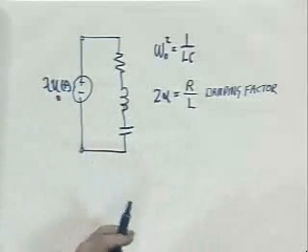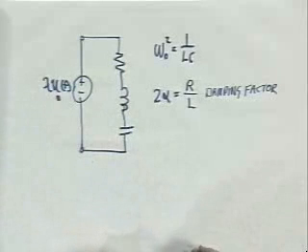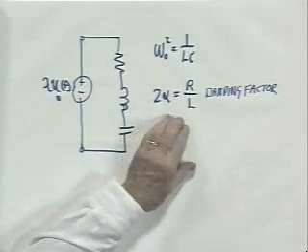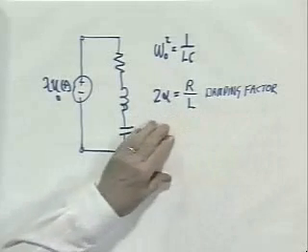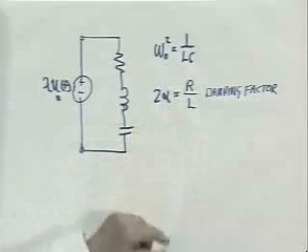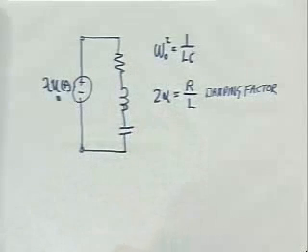All the detailed analysis follows very closely from what we've done. The only point I wanted to make in putting it on here at all was to emphasize that the damping factor in a series resonance circuit has a different definition. It's R over L instead of C over G, as it was for parallel resonance.